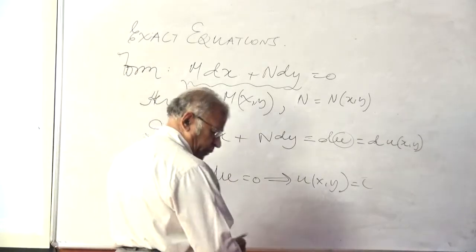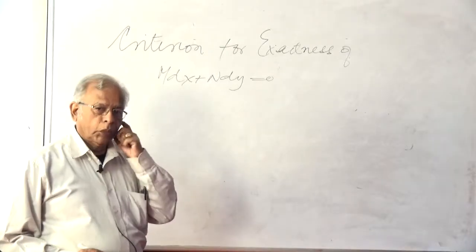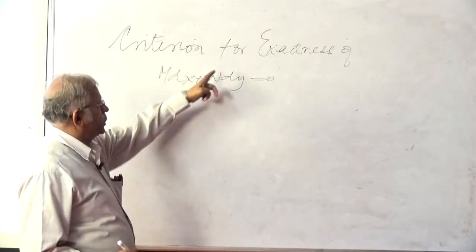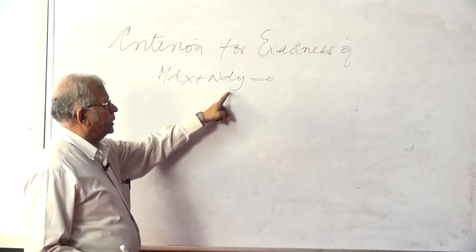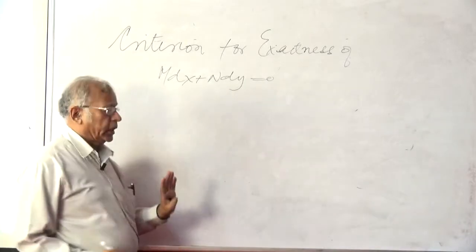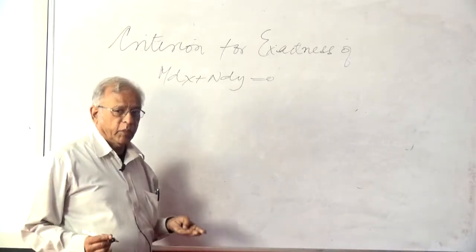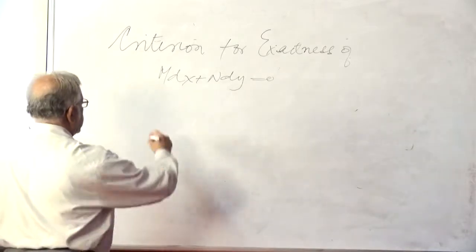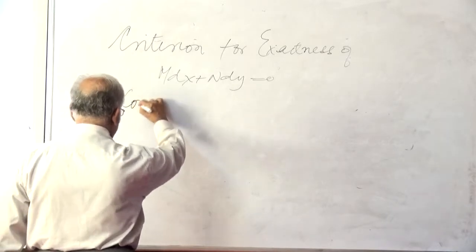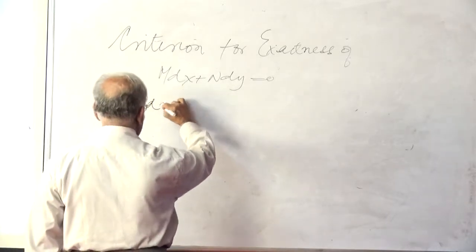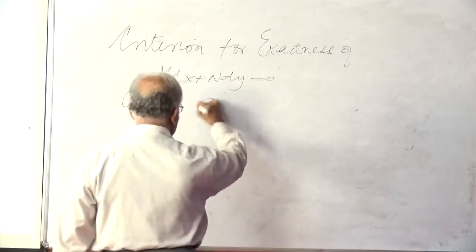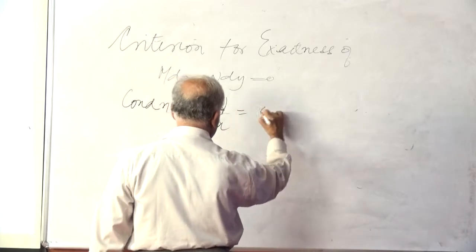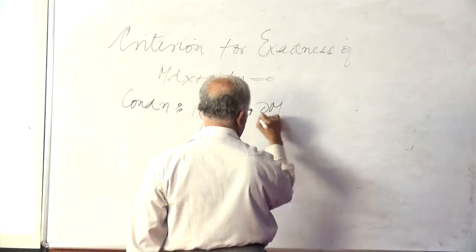So, we will just take a bit of time to rub out. We will just write down the criterion for which M dx plus N dy is equal to 0 becomes an exact equation, and that criterion, it is being stated without proof, is as follows: the partial derivative of N with respect to x must be equal to the partial derivative of M with respect to y.